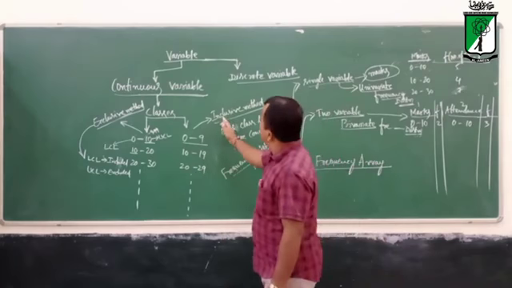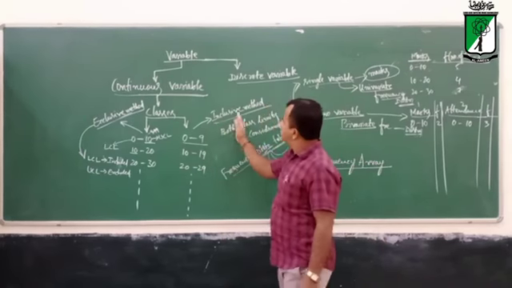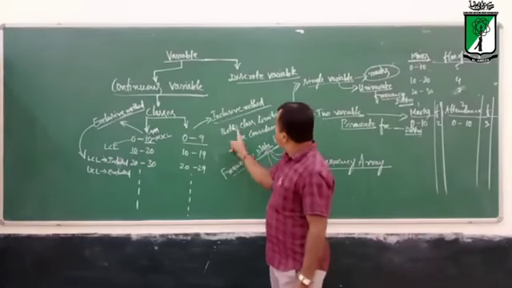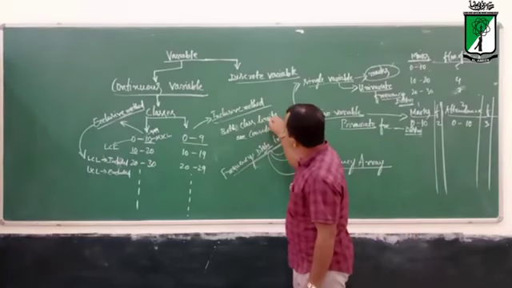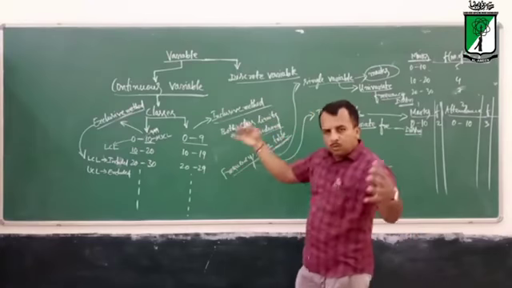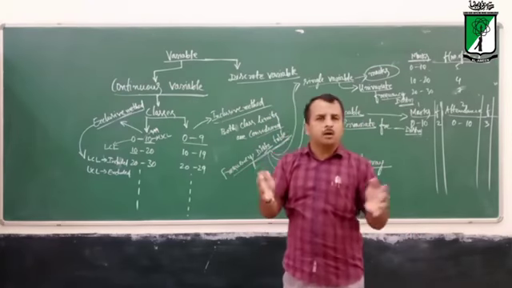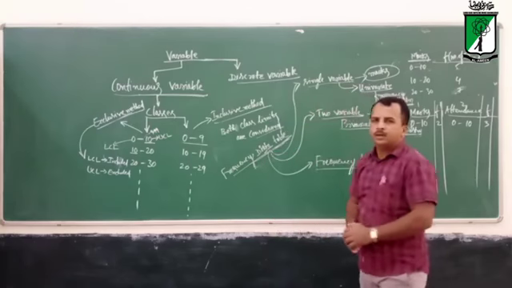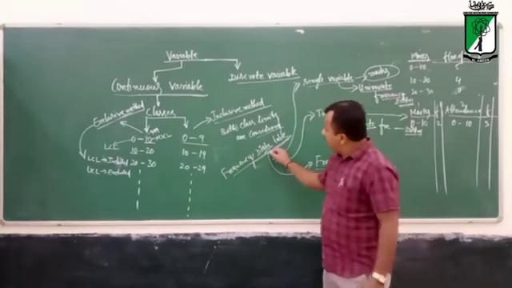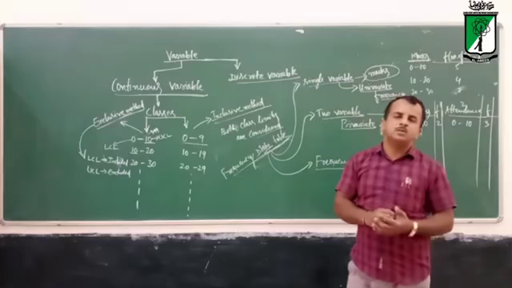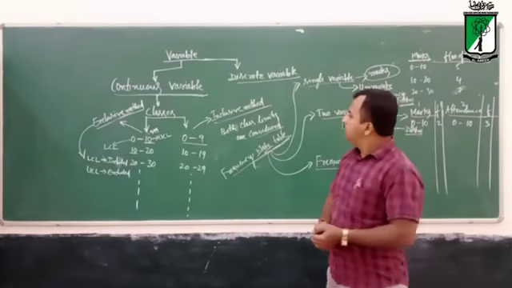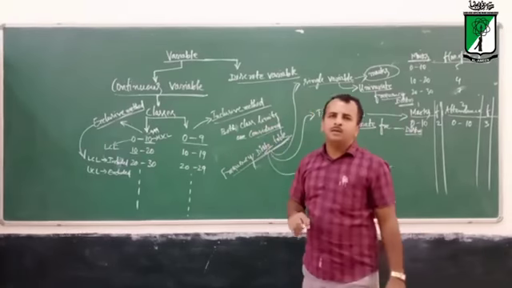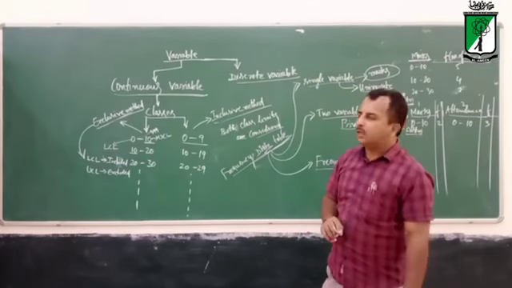Another method is the inclusive method, where both class limits are included in the class. You already understand that. Then we came to the frequency distribution table, where these classes are used when we are preparing it.